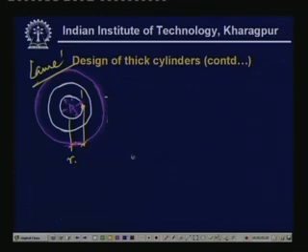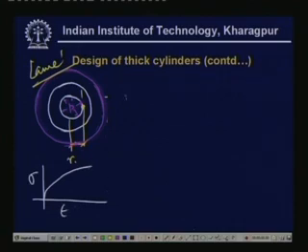Now, let us look at the other conditions, that is when the cylinder is open ended, and the material is ductile. Remember, when the material is ductile, then the stress strain relationship is somewhat like this, sigma and epsilon. So, the failure criterion is that epsilon is less than some epsilon allowable.